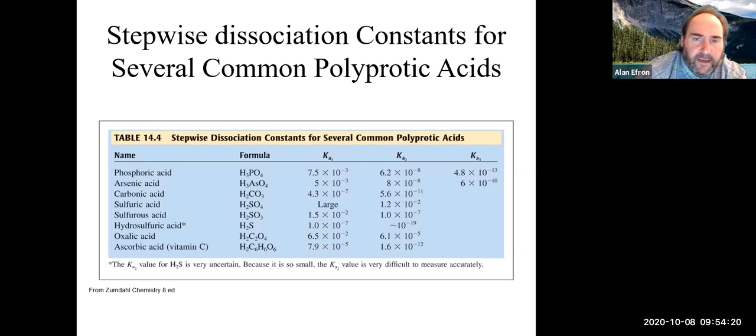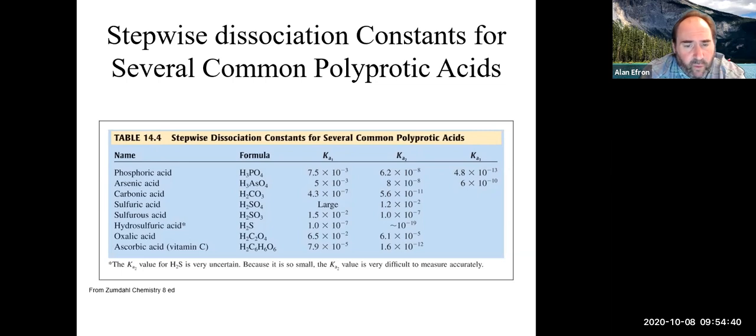Okay, so I think where we left off was here, and we're going to talk now about polyprotic acids. Polyprotic acids basically means that the acid has the ability to lose more than one H plus, or give away more than one H plus.